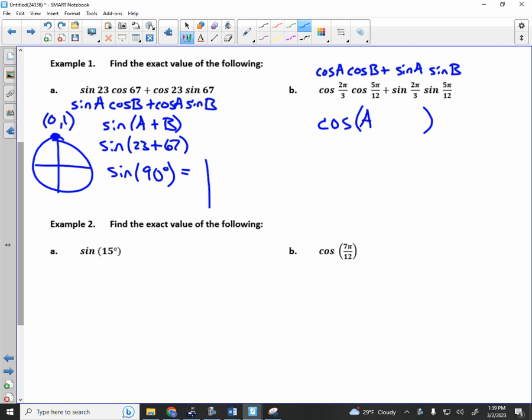Yeah, it's going to be the cosine of A minus B. So when we convert it to that, it changes from plus to minus for cosine. And as Aaron said, we are going to plug in 2 pi over 3 for A. And we're going to plug in 5 pi over 12 for B.